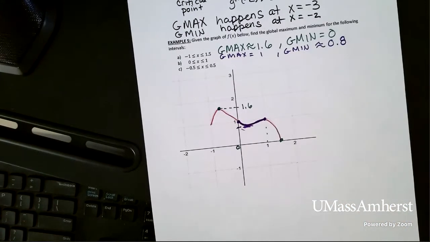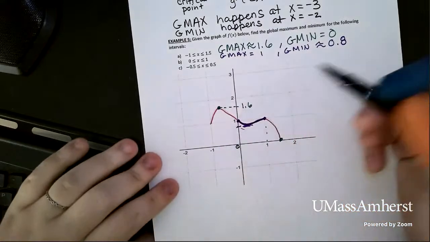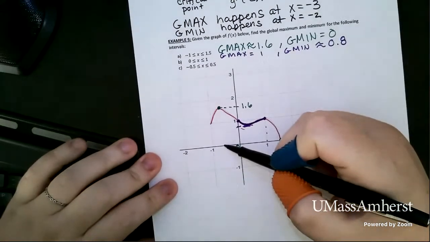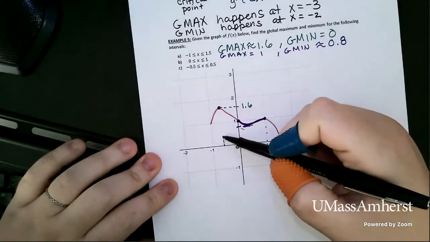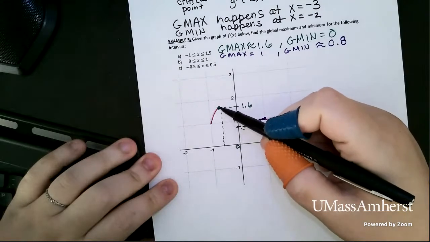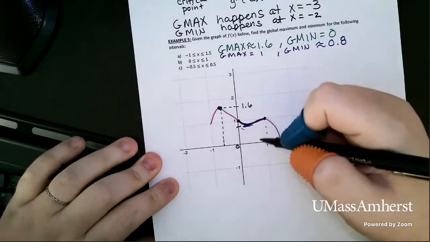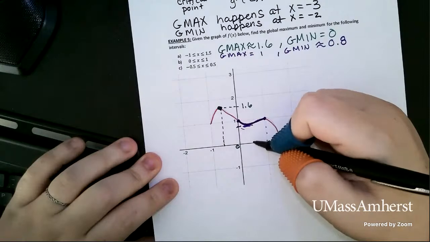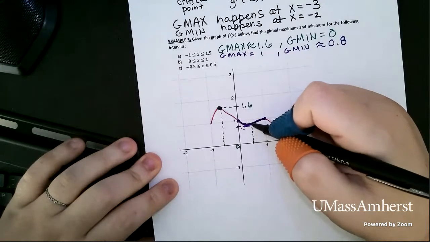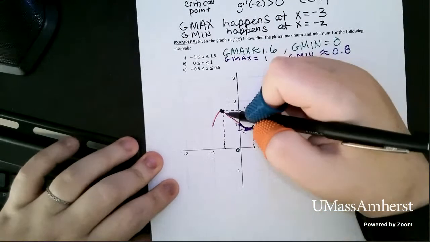And then finally, the last interval, we have negative 0.5 to positive 0.5. So let's see, halfway is right about here. And then positive 0.5, roughly here.